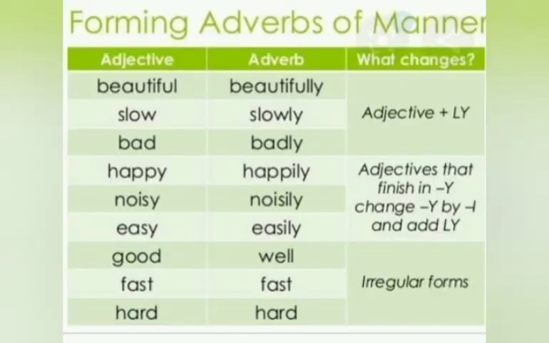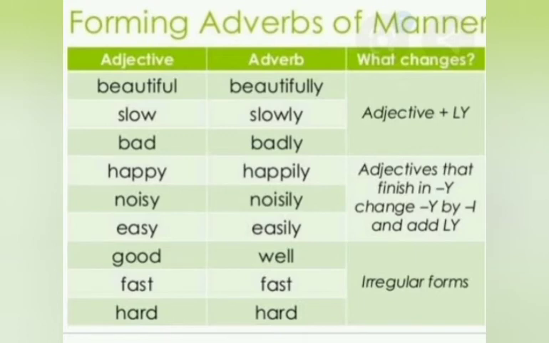Now let's see how adverbs of manner are formed. In the first box we have the adjectives. In the second box we have the adverbs. And in the third box it tells you how these adjectives are formed into adverbs. How do we form that? Now look at the adjectives beautiful, slow, and bad.